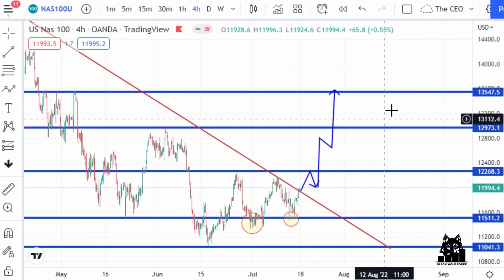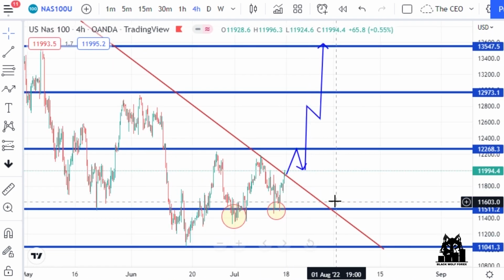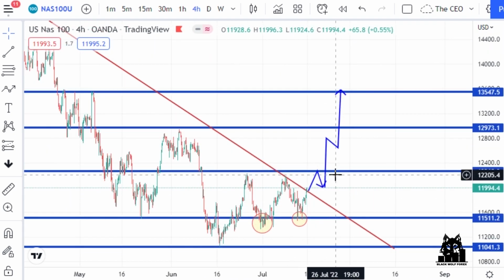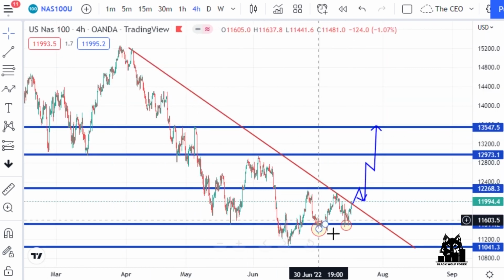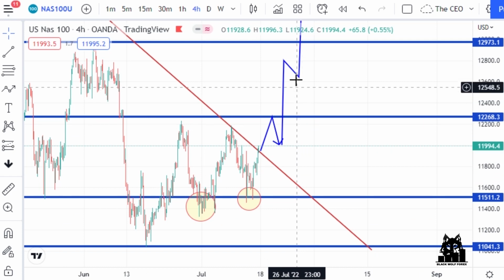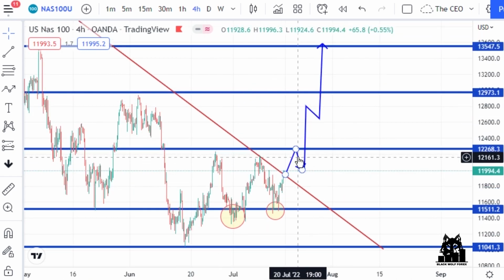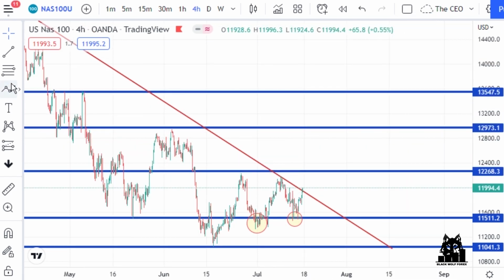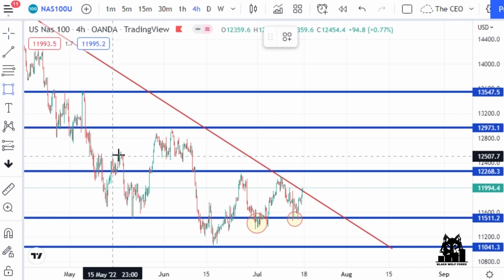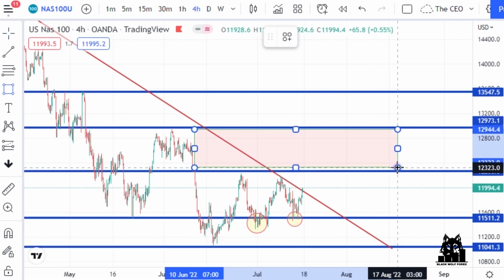So let's get into it and see what's popping. This is our first anticipation of how it's going to get there. Our next mission for this coming week is to enter this zone. This is what we want.